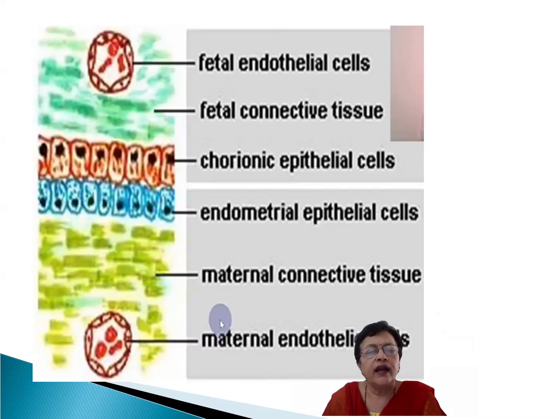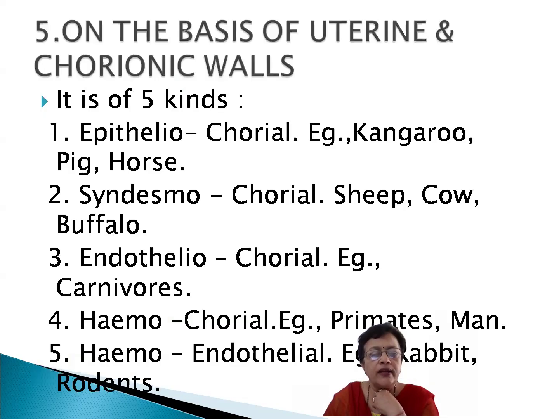Now we say that the entire chorionic part is just embedded in a blood pool, and there is absence of endometrial epithelial cells or the connective tissue or the maternal blood vessels. So such kind of placenta is called hemochorial placenta, and it is exclusively present in primates and man, that is in man, monkeys and apes.